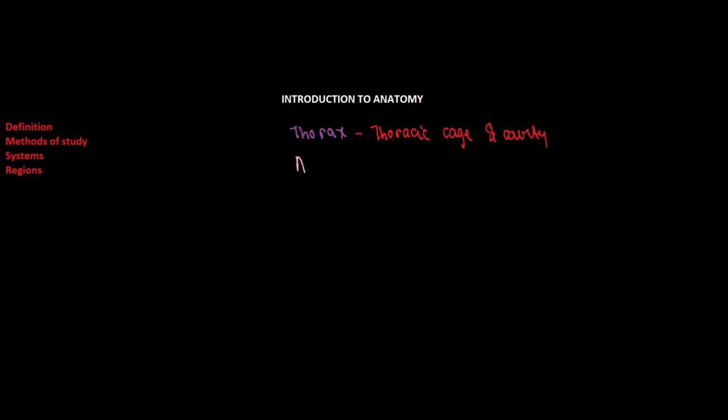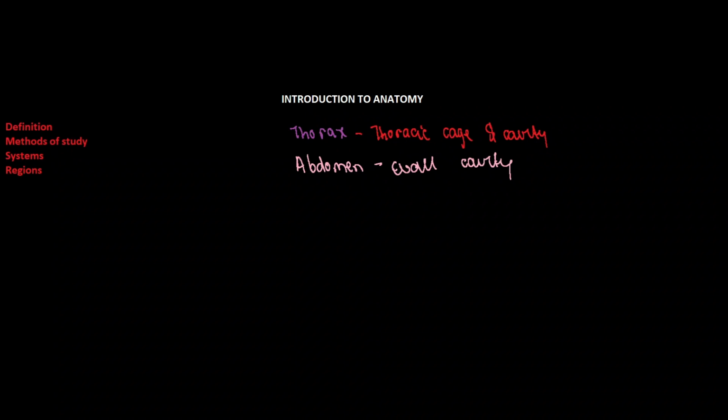Now let's take a look at the abdomen. The abdomen is another region of the body and is what we typically call the belly. The abdomen is composed of the abdominal wall and the abdominal cavity.